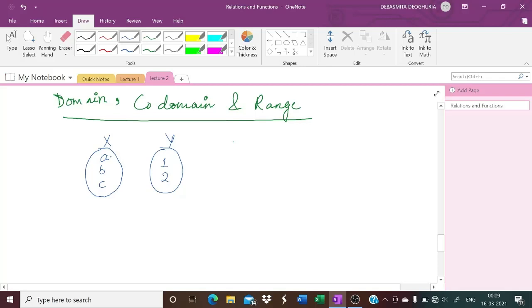Suppose A is related to 1 by some relation R, B is related to 2, and suppose C is not related. It can happen in a relation that some of the elements in X are not related to any element in Y.